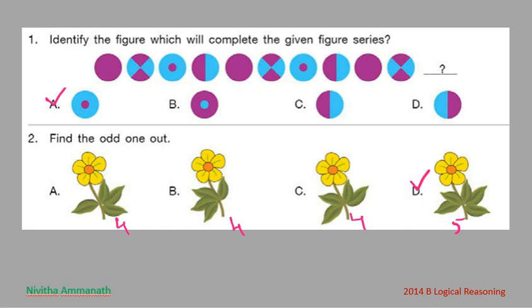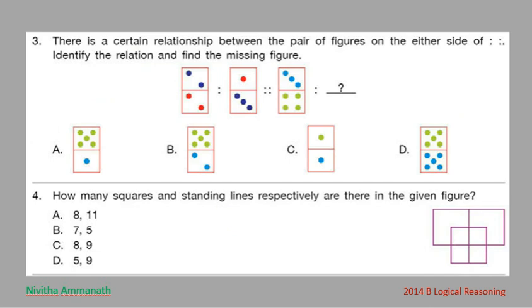Next question. Third question. There is a certain relationship between the pair of figures on either side of this. Identify the relation and find the missing figure. Here, when we look at this, here 2, then here 3.